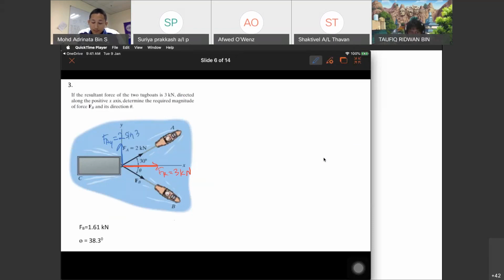sine 30. So FAY equals 2 sine 30 and FAX equals 2 cosine 30. Okay, and then we have FB.